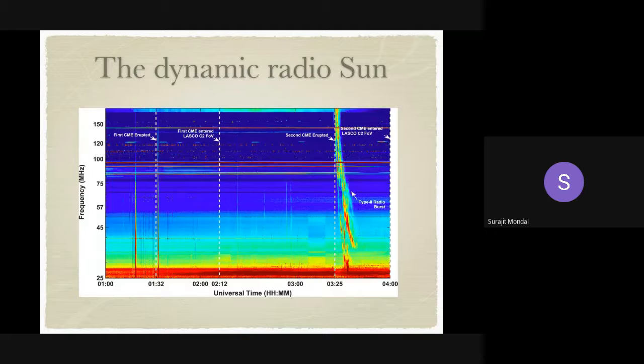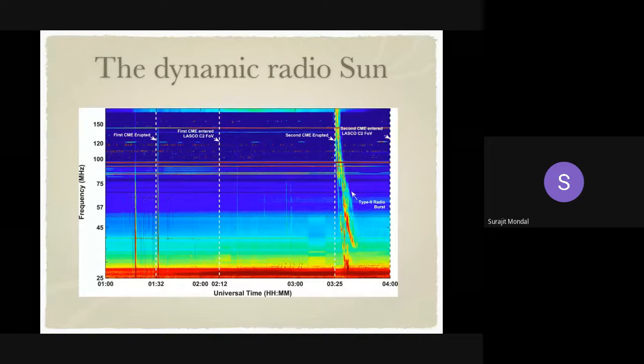So at, let us say, 150 megahertz, there was nothing at this time. Suddenly we see that the solar flux density has increased. Then after some time, we don't see anything. We also see that this structure shows a drift towards lower frequencies with increase in time. So this shows that the radio sun is also dynamic.